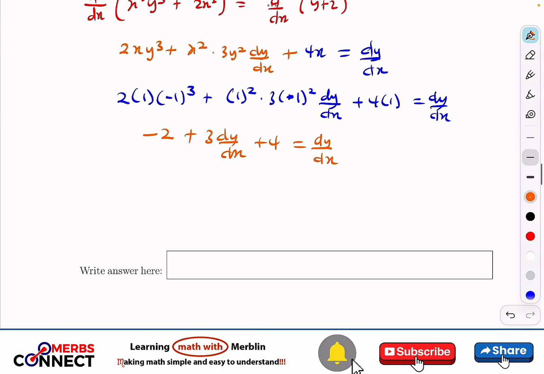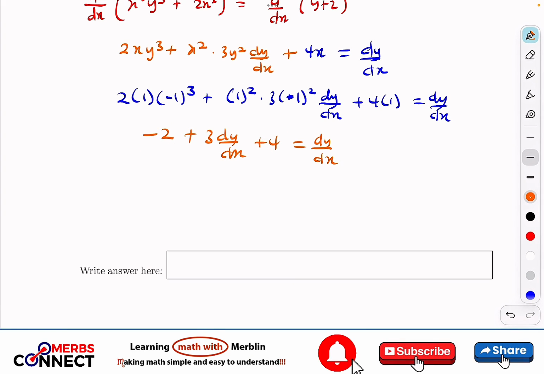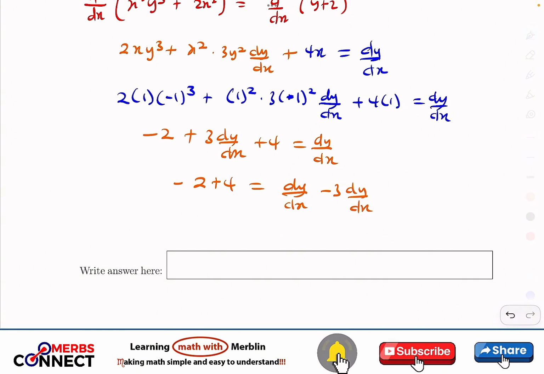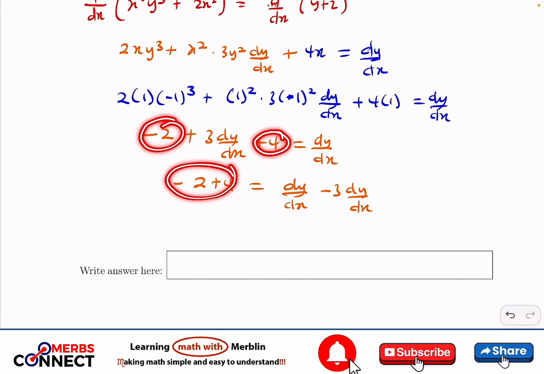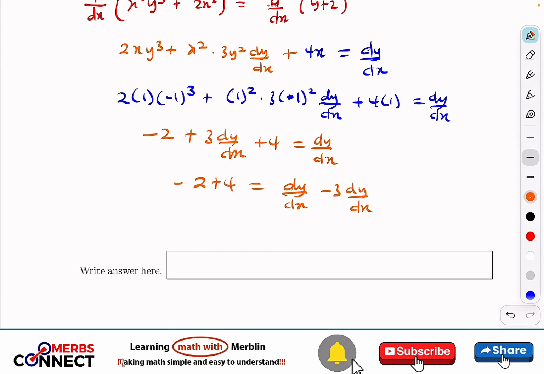So let's group items. This guy with this guy is going to be 2. So I'm going to have 2 plus 4, and then dy over dx minus 3 dy over dx. So move this one here, getting the minus. So this is going to give us 2, which is equal to 1 of dy over dx minus this.